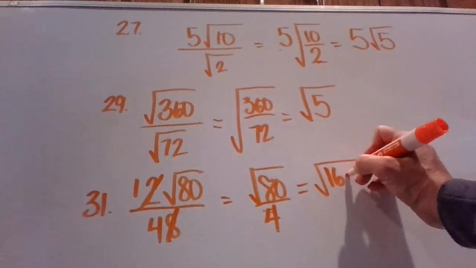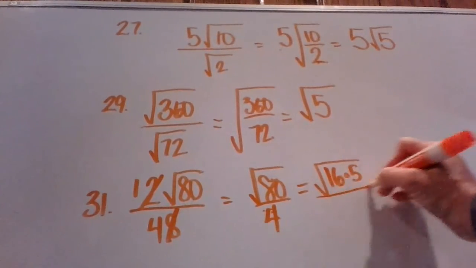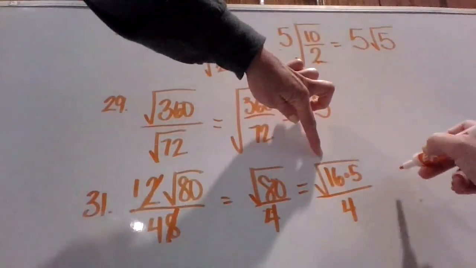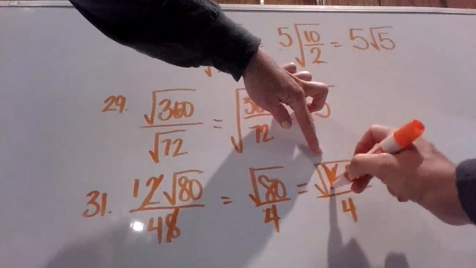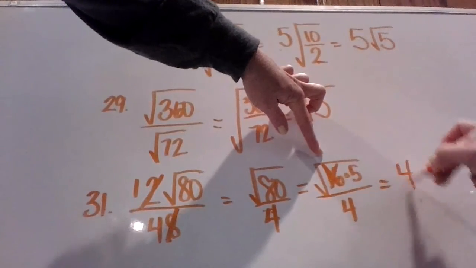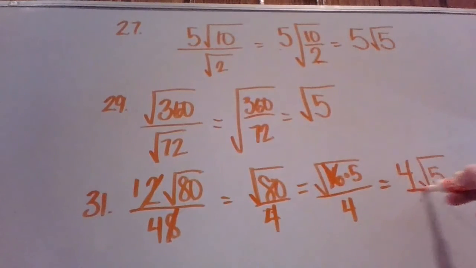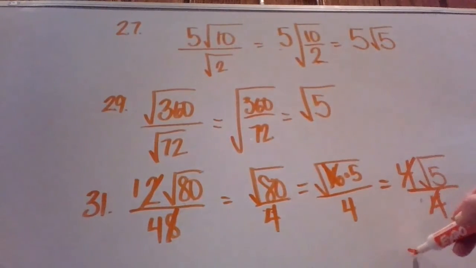So we have 16 times 5 divided by 4. So the square root of 16 is 4, so that gets to come out on the outside. This 5 has to stay on the inside, divided by 4. These 4s, because it's being multiplied, are like a fraction there. It can cancel, so our answer is the square root of 5.